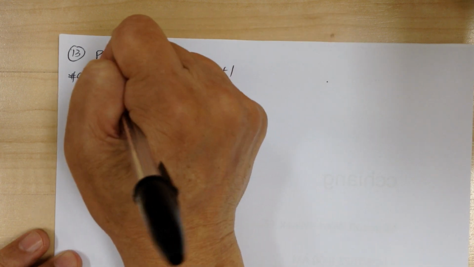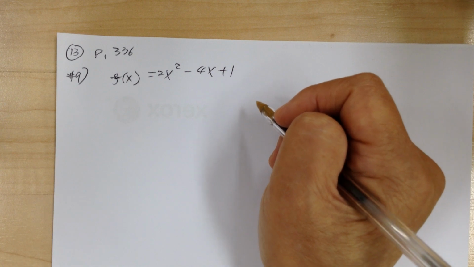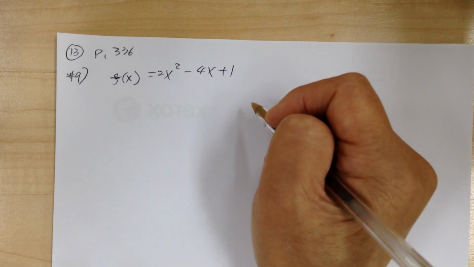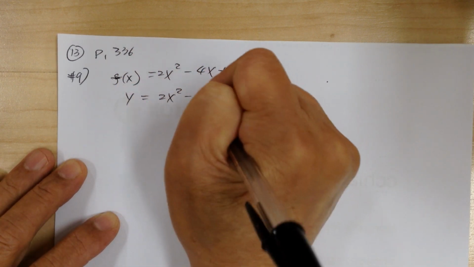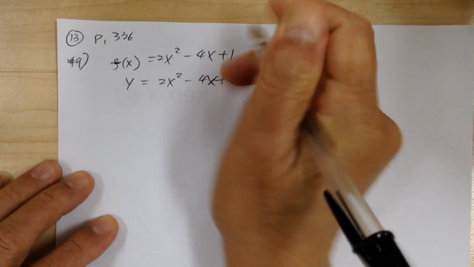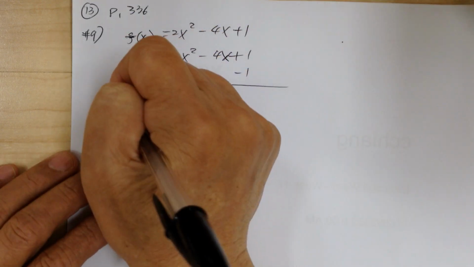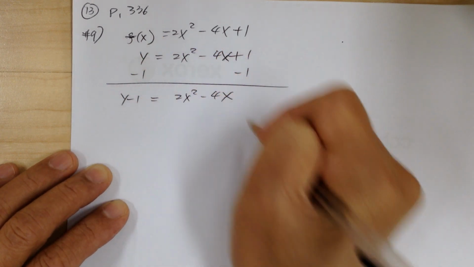To graph this, the best thing to do is go ahead and just complete the square, because that's what it asks you to do. Okay, so first let's change this into y. Okay, next let's go and vacate this number, so minus 1 on both sides. So you got y minus 1 equal to 2x squared minus 4x.